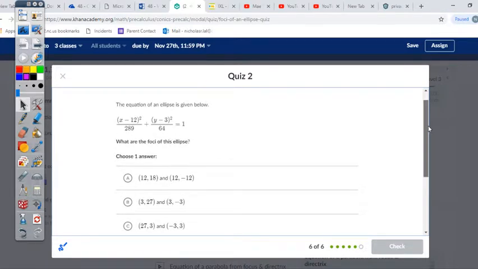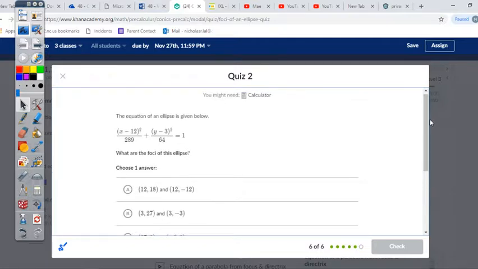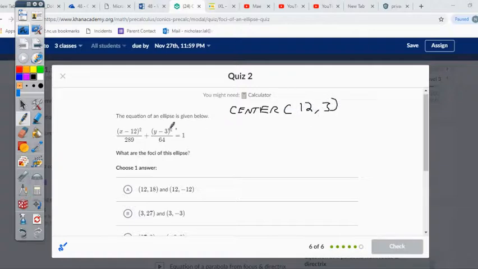The equation of an ellipse is given below. We need to find the foci of the ellipse. So let's first find the center. The center is going to be (12, 3). Now the larger denominator is under the x term, so that means this is a horizontal ellipse.